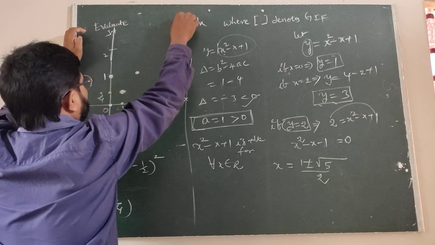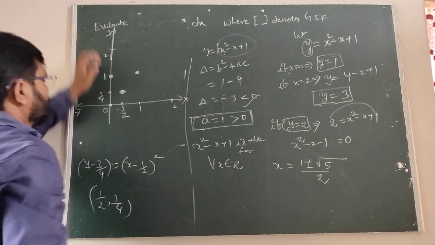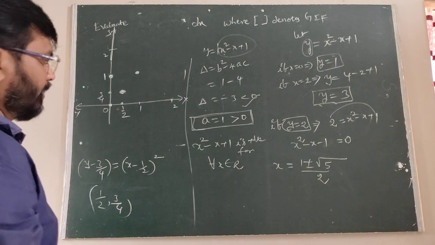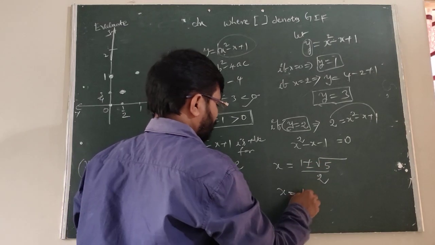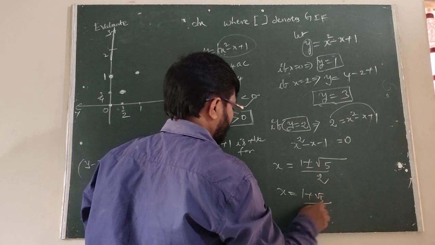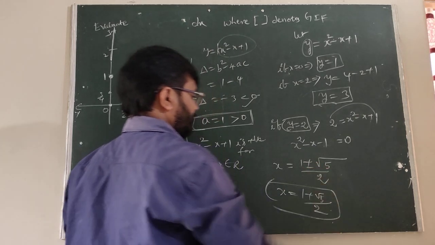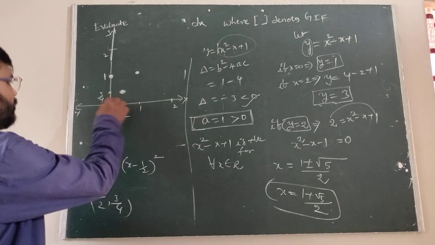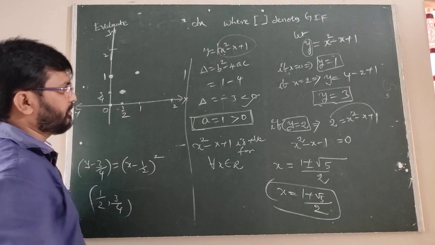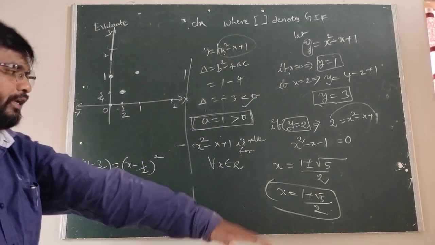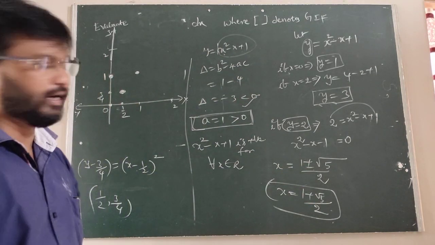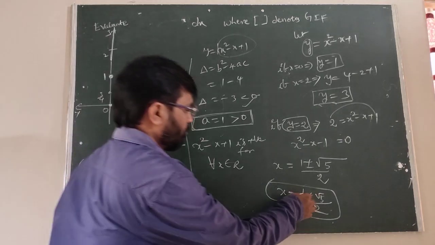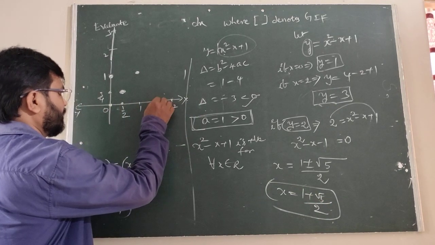This is 3. But this is the positive value, 1 plus root 5 by 2, and 1 minus root 5 by 2 is negative. Therefore on the positive x-axis we have to take the x values only between 0 to 2, that is our required definite range. Therefore 1 plus root 5 by 2 is there here.